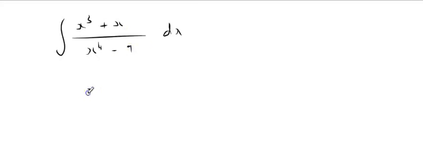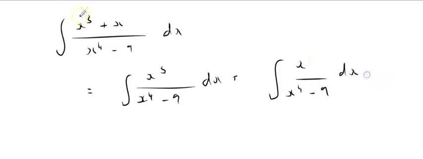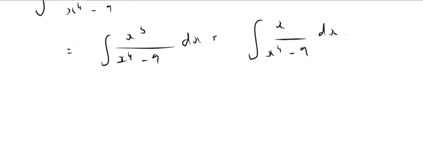Now, it will be easy if I separate these two and write it as integration of x cubed by x power 4 minus 9 dx plus integration of x by x power 4 minus 9 dx. Now I can solve this by the method of substitution. Let me put x power 4 is equal to t.